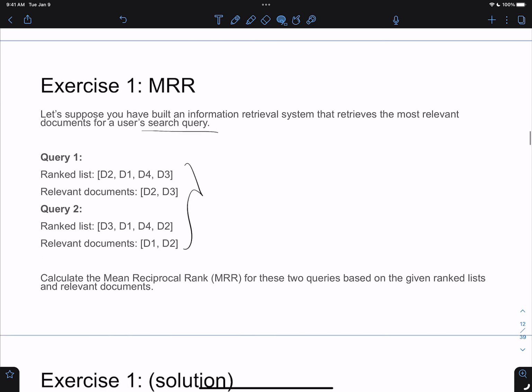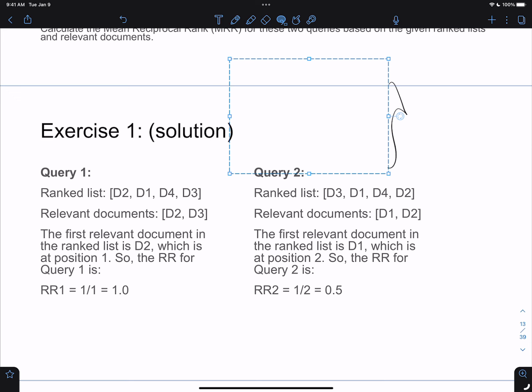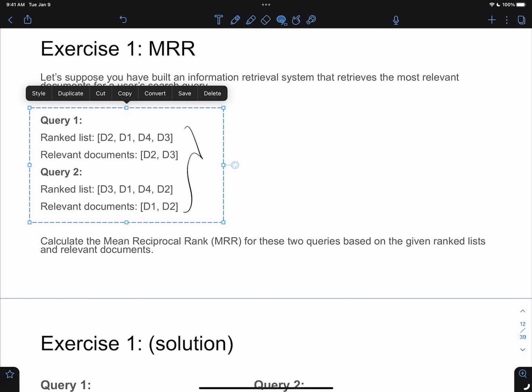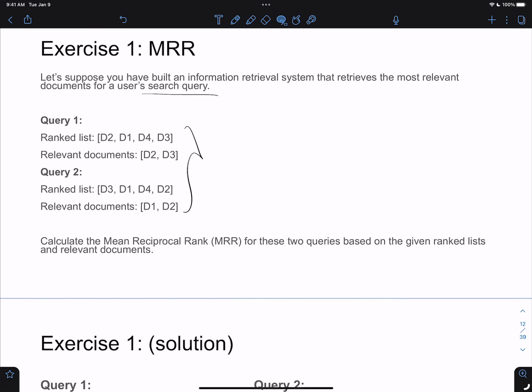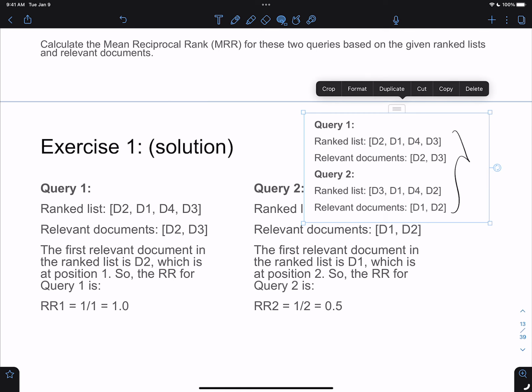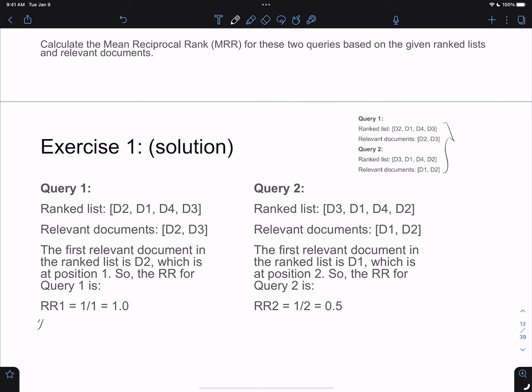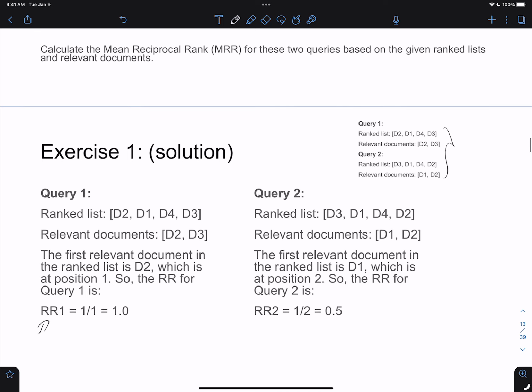So essentially, in order to calculate the MRR, first you're going to have to compute the reciprocal rank. For query 1, we're given a ranked list of D2, D1, D4, and D3, with D2 and D3 as the relevant documents.